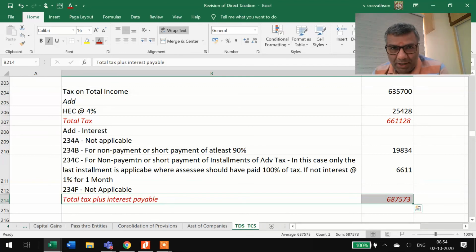Expect questions from 194M, 194N, 194DA, because these are amendment oriented, and 194IA, the amendment as regards consideration. Apart from this, the Director Prasar Bharati case law is something to remember.